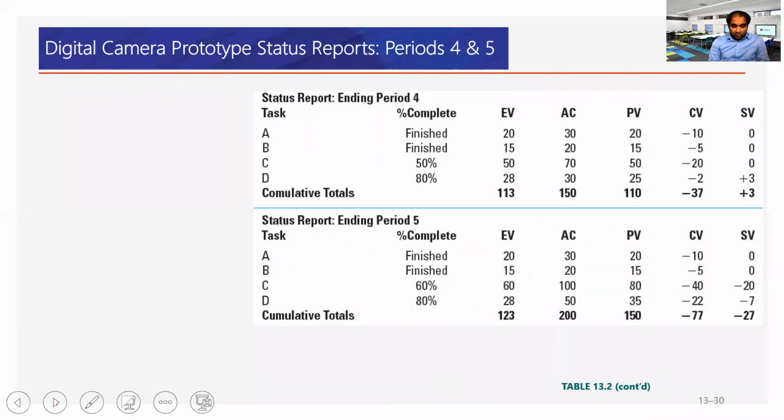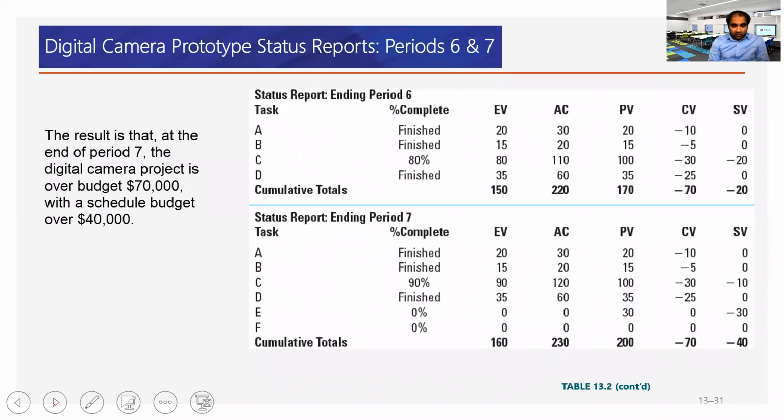End of period 4, 5, 6, and 7. The same process is reiterated again. So at the end of period 7, we can see that the project is over budget by $70,000.